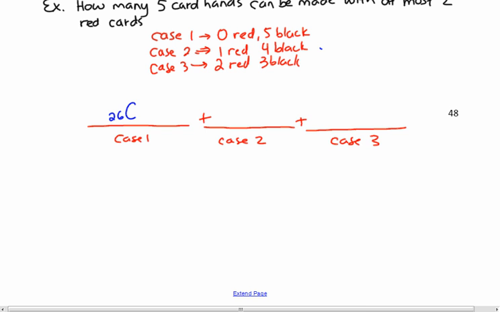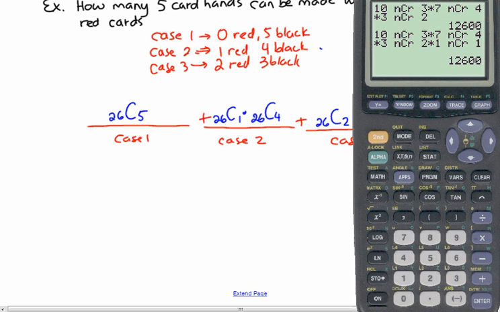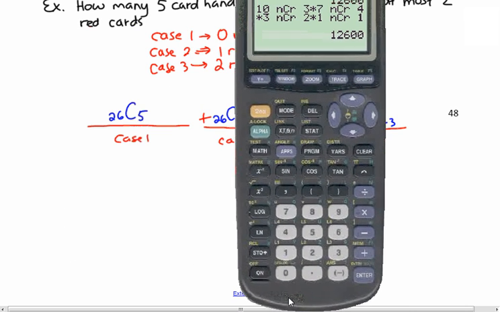So 26 choose 5 black would be the first case. The second case, reds, we want to choose one of them. Red and black, so that's multiplication. And 4 black, 26 choose 4. And the last case would be 26 choose 2 reds, and then 26 blacks, we want to choose 3 of them. To your calculator. So one at a time if you like.